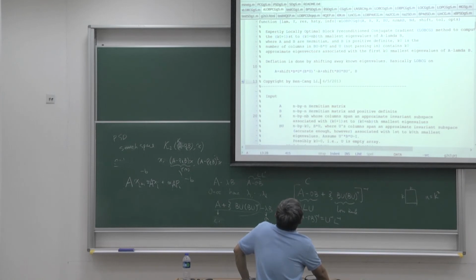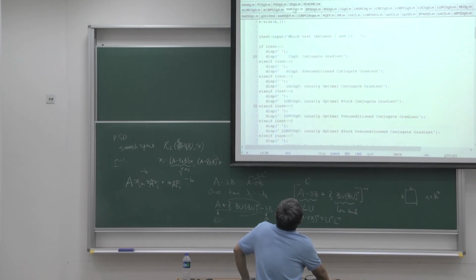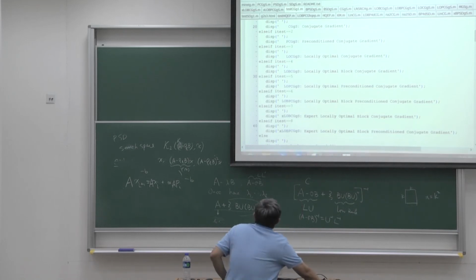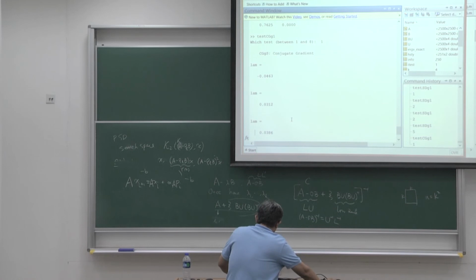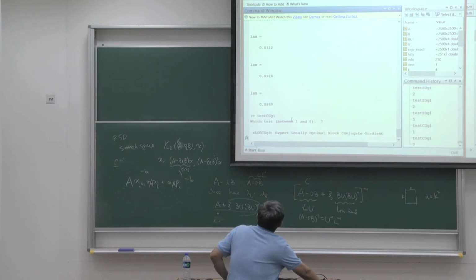They will perform similarly. So there are two cases, one without preconditioner, number 7. Let's put 7 in and enter. This has no preconditioner.